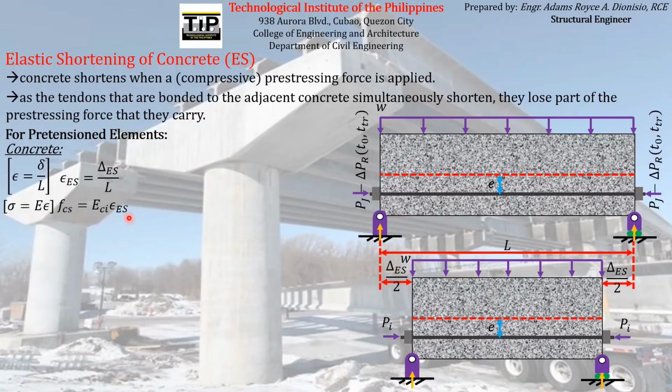So let's define each of these terms you see here. FCS is the stress acting on, or being experienced by, the concrete element at the level of the pre-stressing reinforcement.